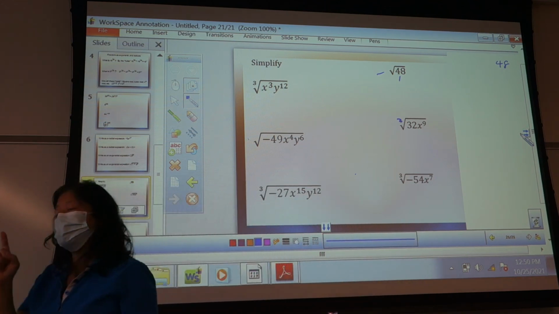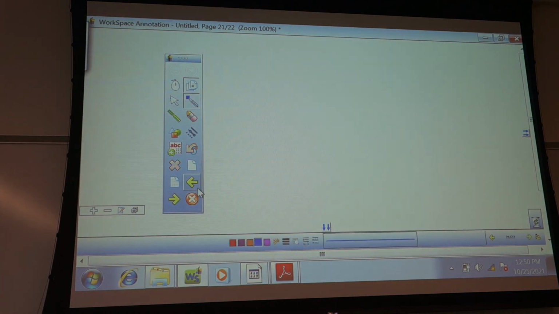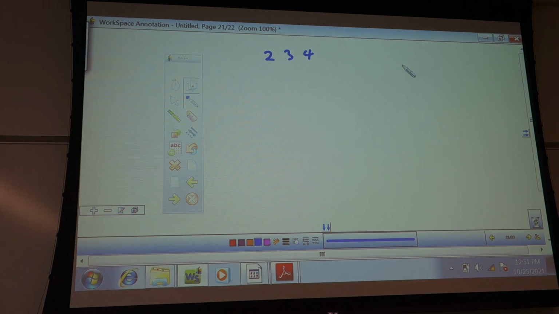If you want to know something is a multiple of 3, would you add them up? Did I talk to you guys about that already or not yet? No. You add the digits up and then divide by 3. This is divisible by 3. How do I know?